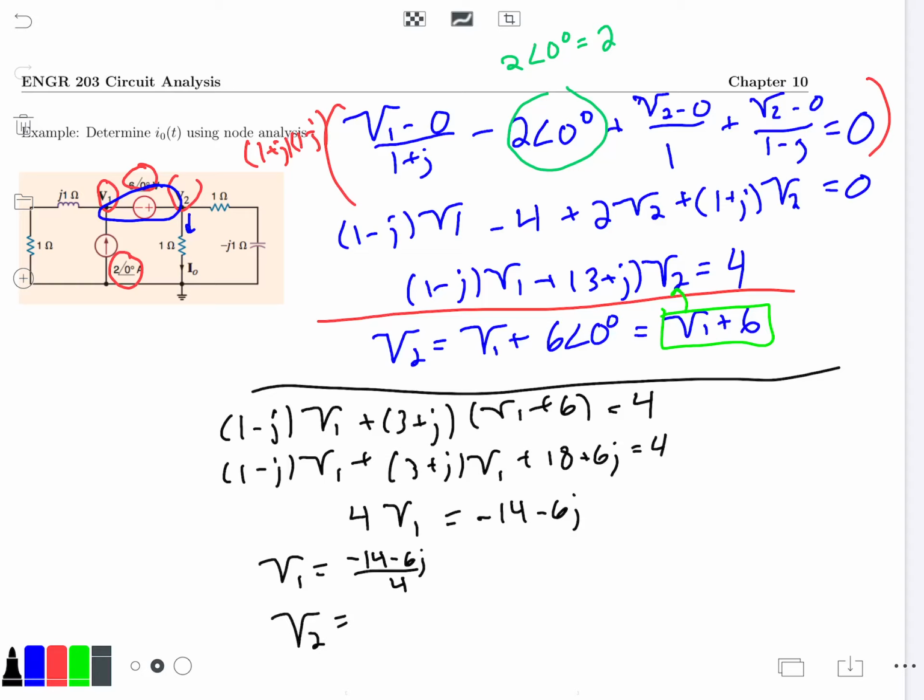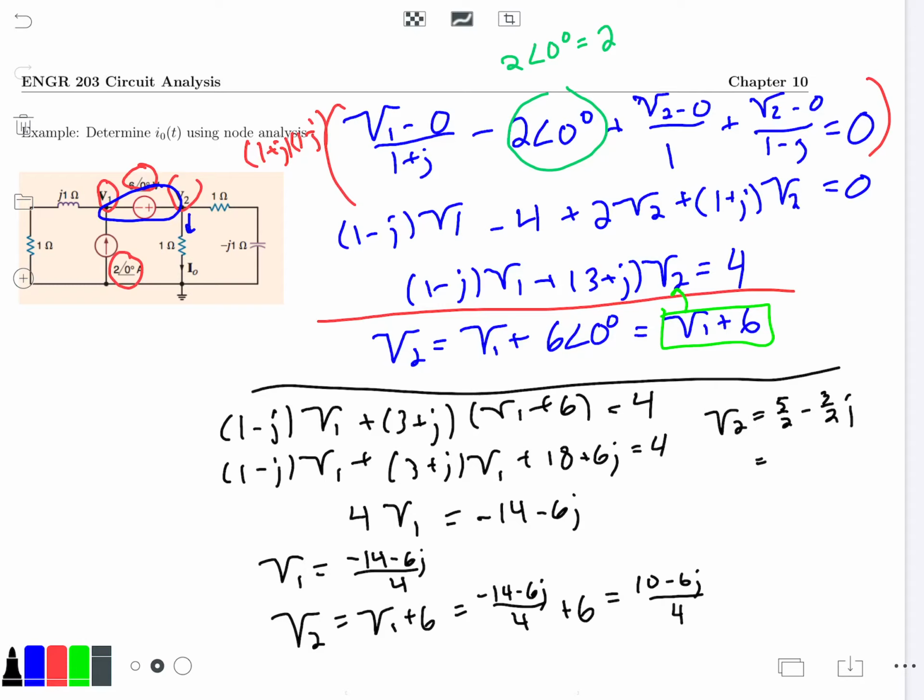V2, which is what we need to find I0, is you're going to take V1 plus 6. So I'd have negative 14 minus 6j over 4 plus 6. That's 24. It's going to be 10 minus 6j over 4. And if I simplify that, my V2 then would be 5 over 2 minus 3 over 2 j.